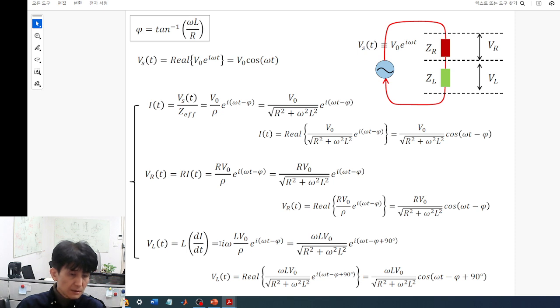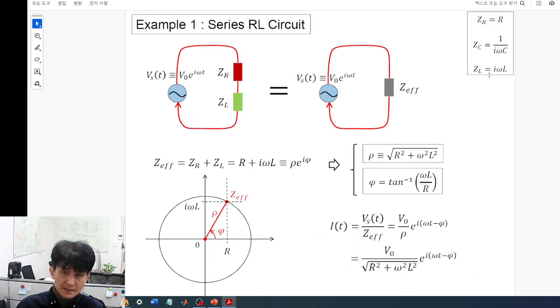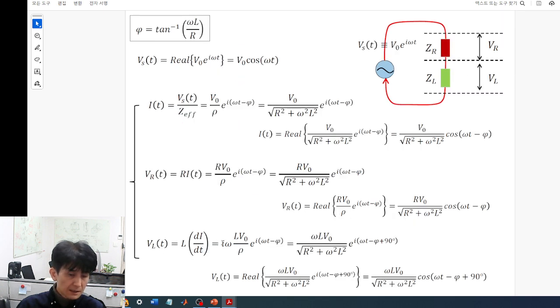So if we multiply I omega L, ZL is I omega L here, up to this part is the ZL. If we multiply this with the current, which is given as this, then we obtain the same result.